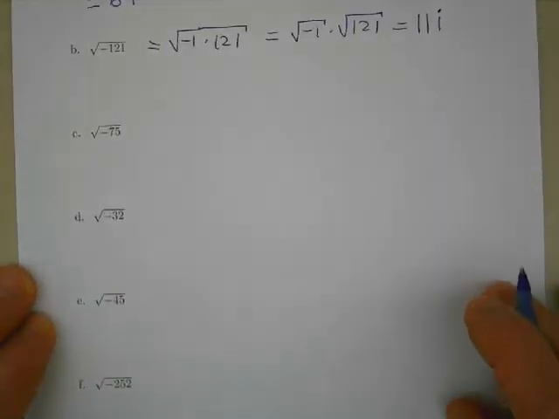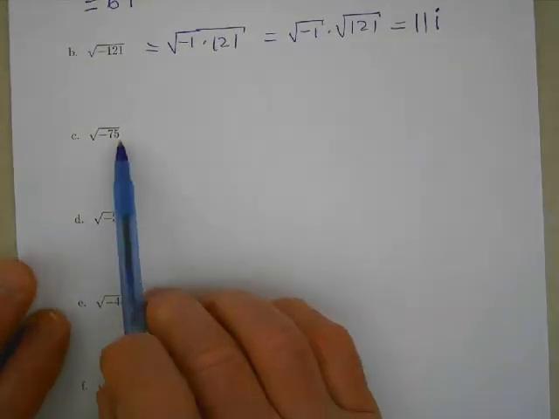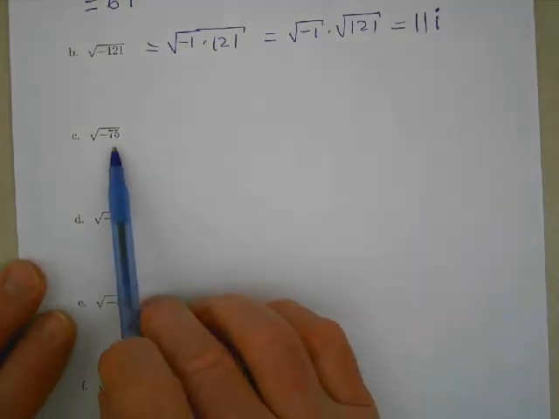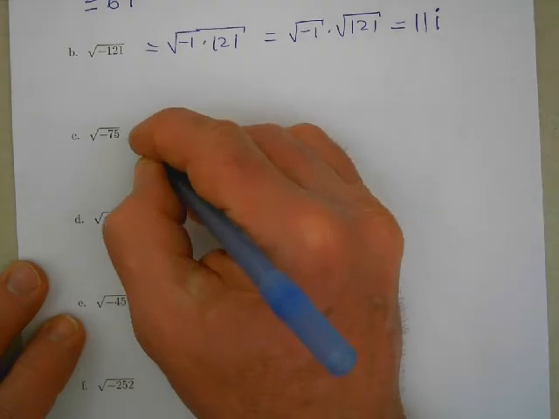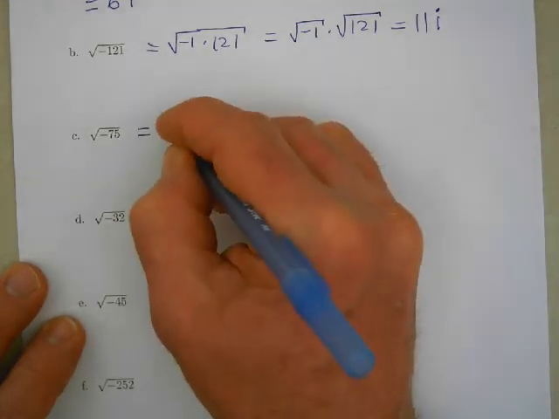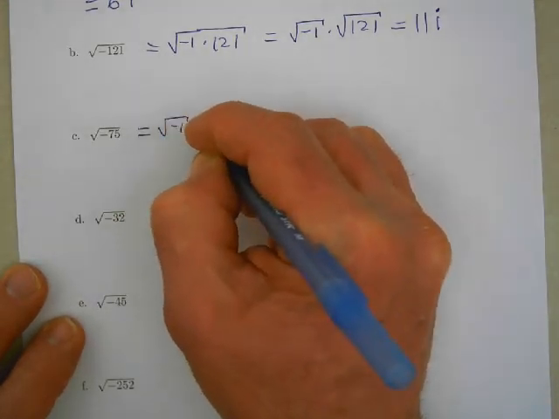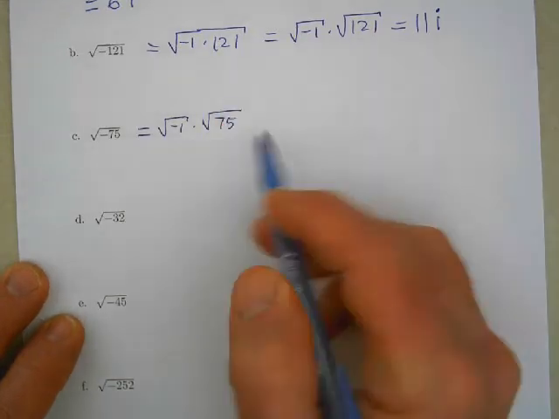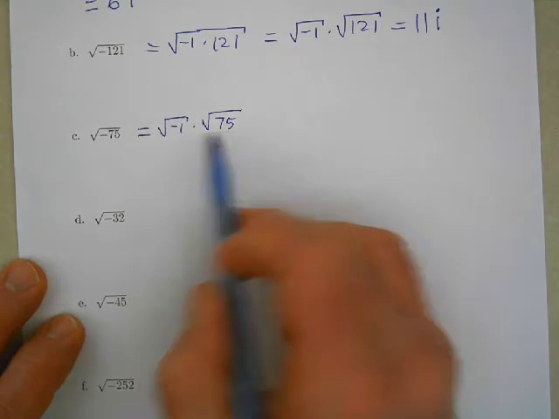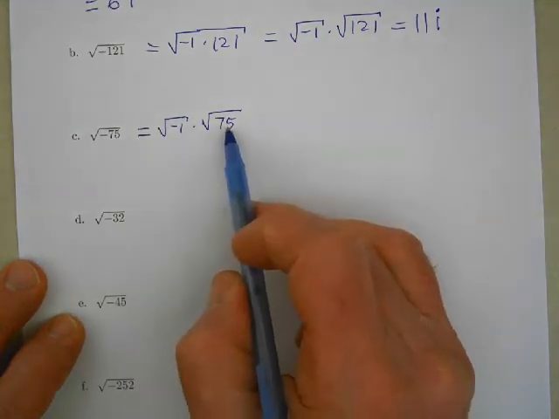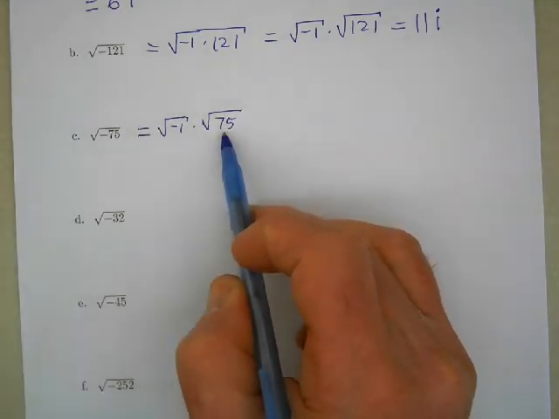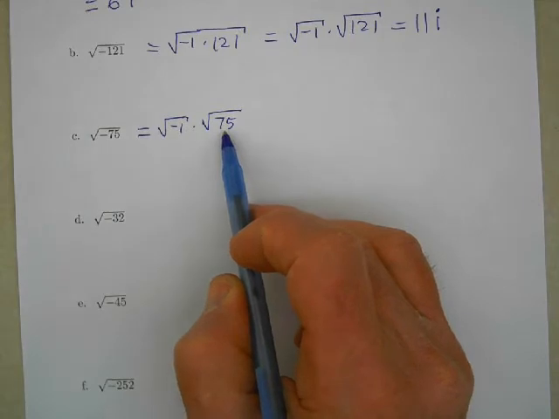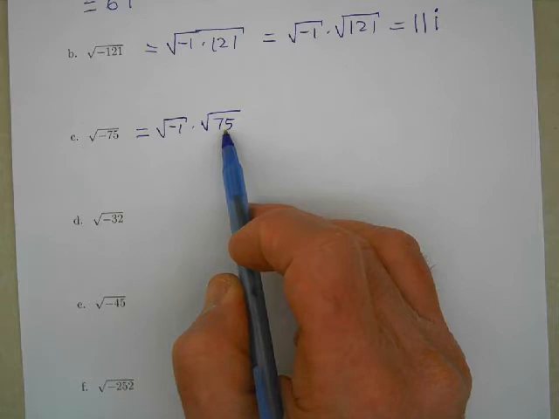Okay, the next one's a little more involved. This one is the square root of negative 75. So let's write it as the square root of negative 1 times the square root of 75. And then we'll do a couple of things here. 75 is not a perfect square. The largest factor of 75 that is a perfect square is 25, and 25 times 3 is 75.